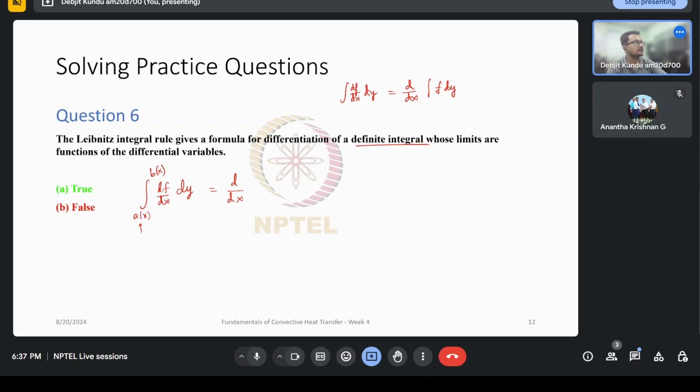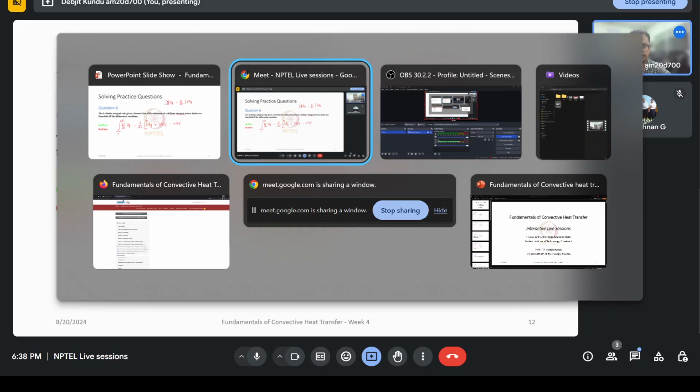If it is a definite integral, then we have to invoke this Leibniz integral rule, which tells us that if I take out this ddx and I do the same integration of a of x to b of x over f dy, then there has to be some addition to it, which is basically b prime of x into f at that location minus a prime x into f at that location. So at b and at a. I hope I'm doing this correctly. I'll just check once.